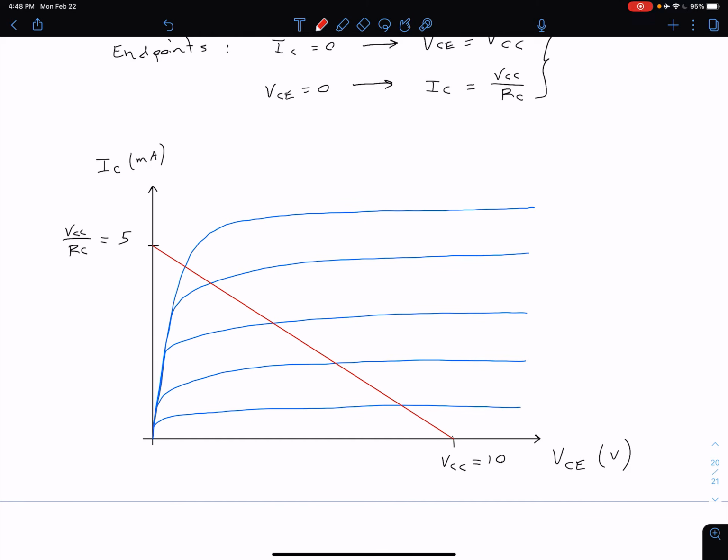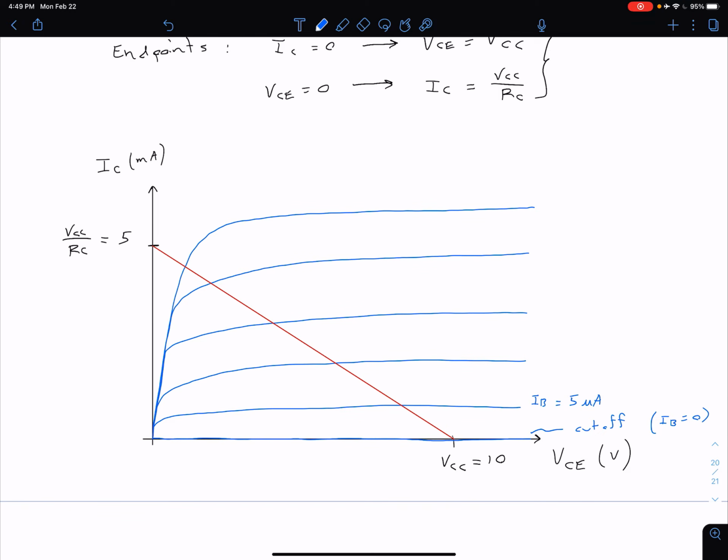Okay, so now we're going to relate this load line back to our family of IV curves. What we want to keep in mind is that these blue curves correspond to specific values of base current. For example, we can have IB equals 5 microamps for this bottommost curve. Of course, we also have a curve here that is 0 base current, so this would be when we're cut off, with IB equals 0.